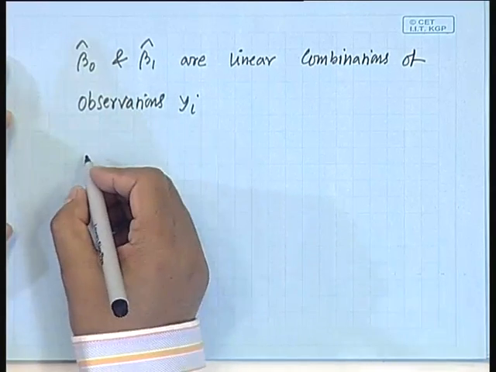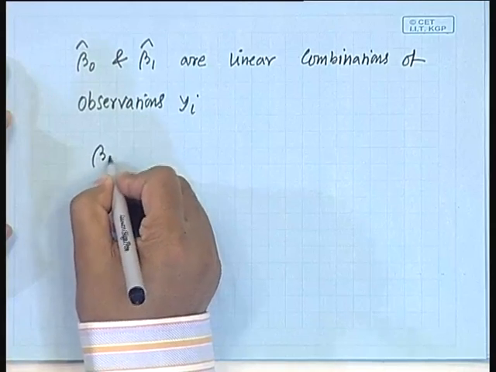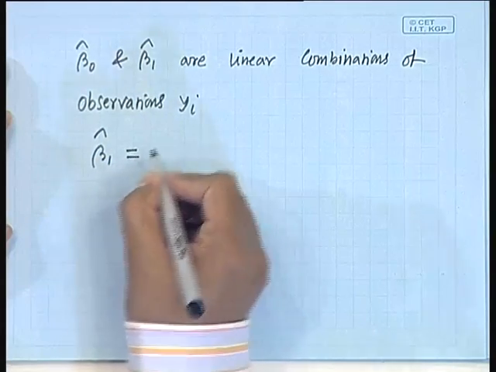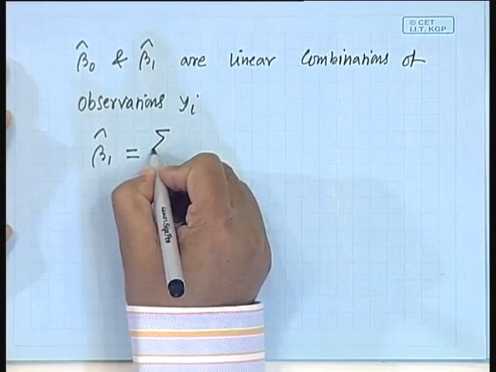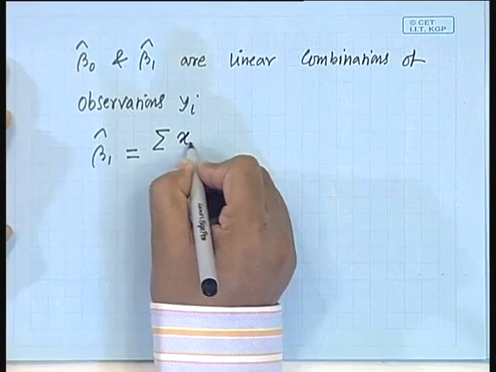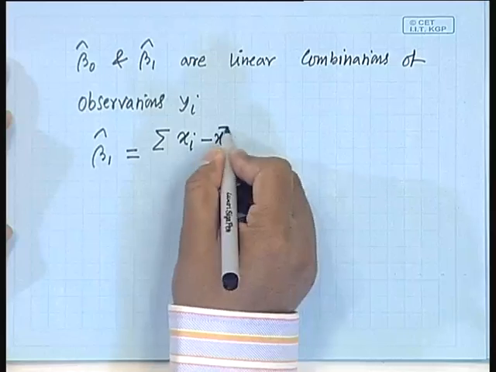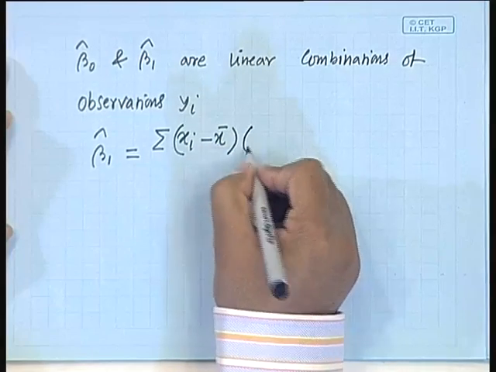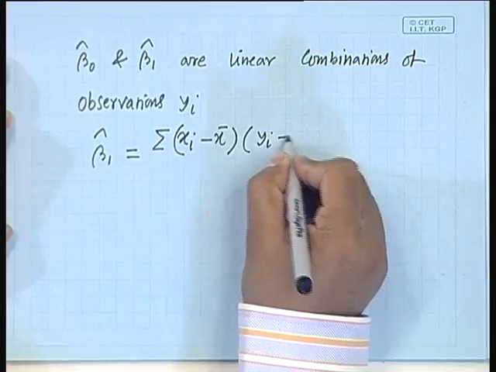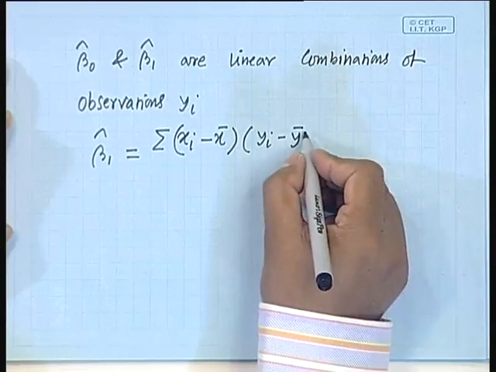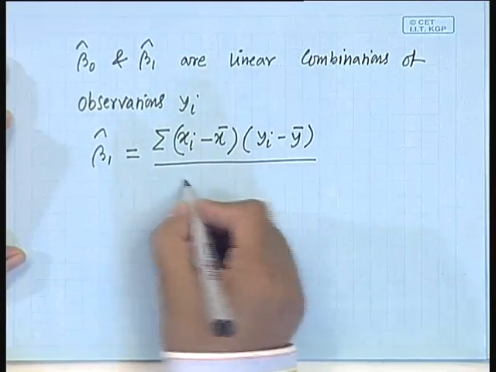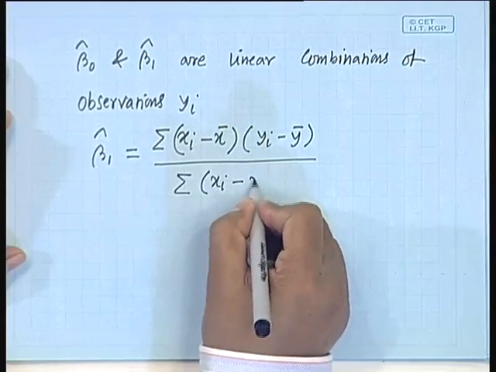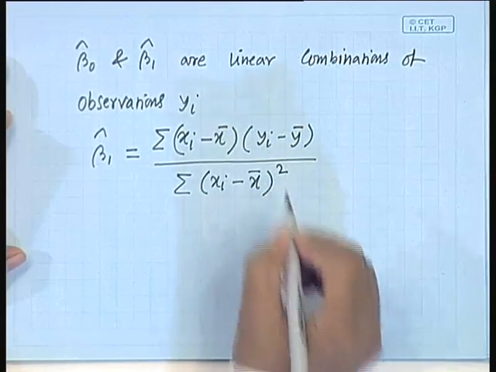For example, consider beta 1 hat. So, what is beta 1 hat? Beta 1 hat is equal to summation x I minus x bar into y I minus y bar by summation x I minus x bar whole square.